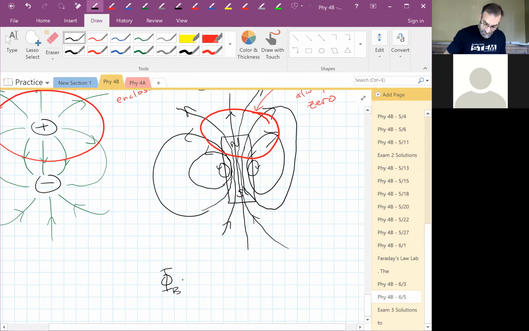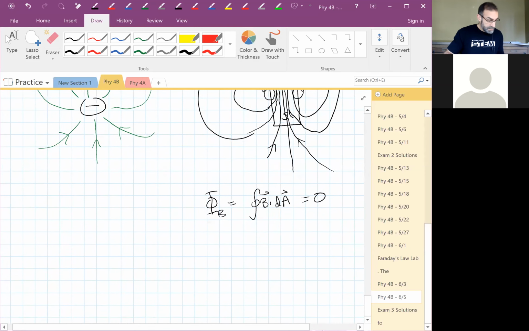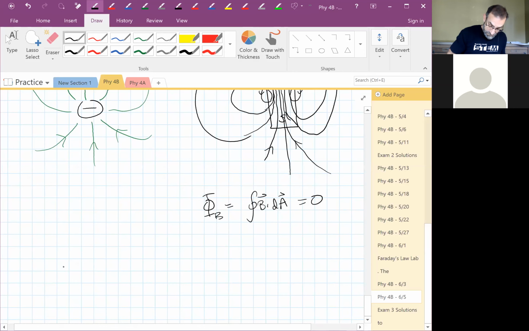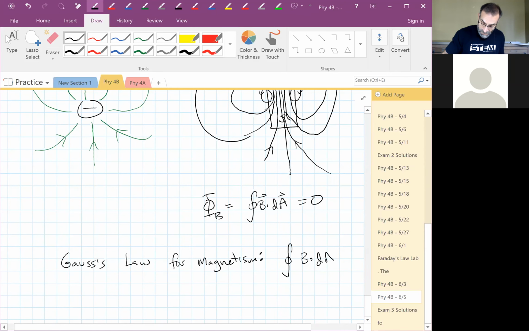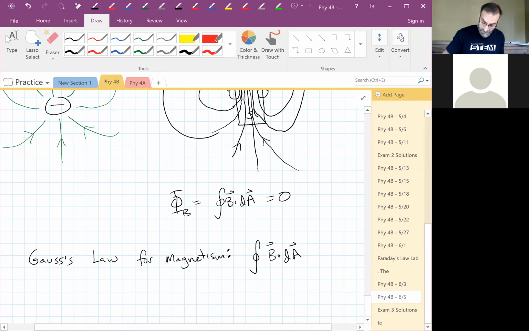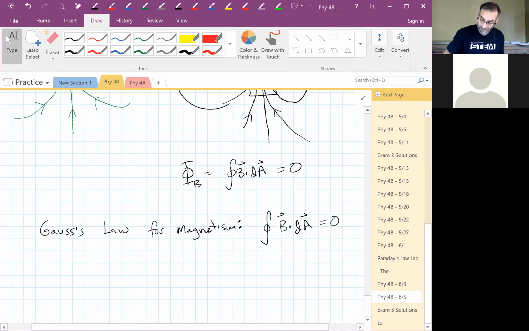That tells me that this is zero. That's Gauss's law for magnetism. Integral around a closed surface is zero.